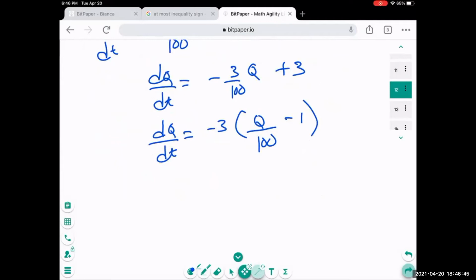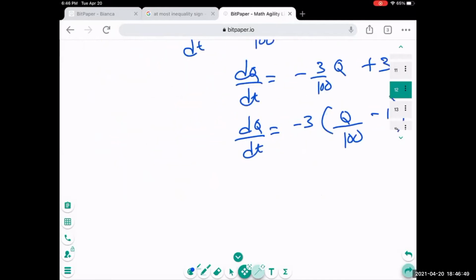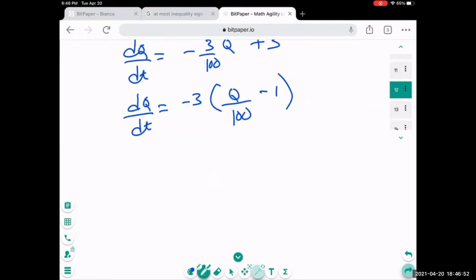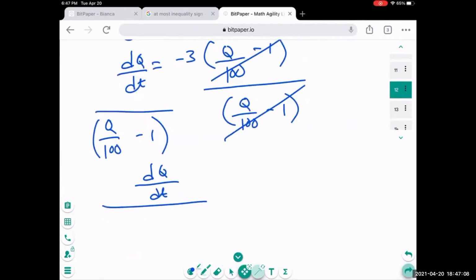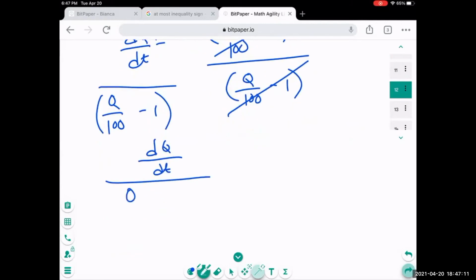What can we do here? Let's divide both sides by q over 100 minus 1. So this cancels out. We have dq dt all over q over 100 minus 1, and this is equal to negative 3.